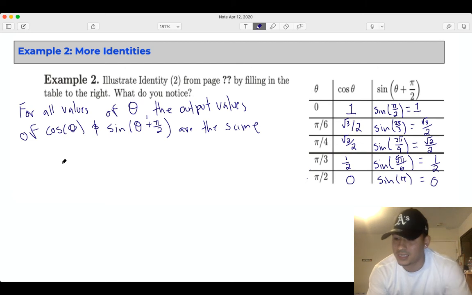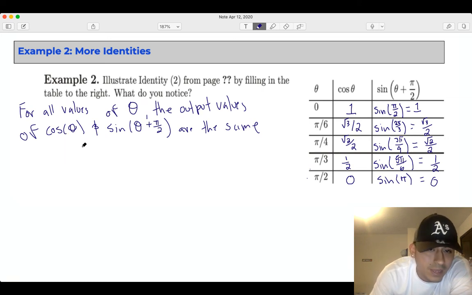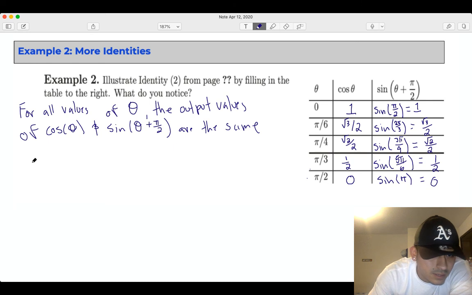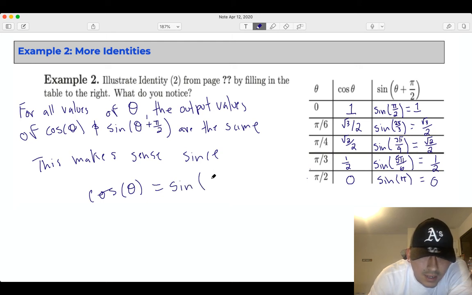And this should make sense, because our analysis from example 1 demonstrated that cosine of theta and sine of theta plus pi over 2 are in fact identical equations. So this makes sense since cosine of theta is equal to the sine of theta plus pi over 2.